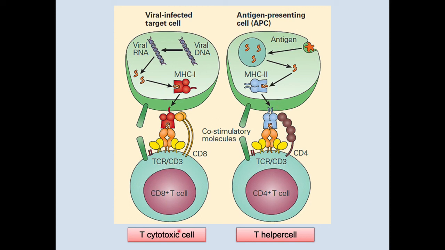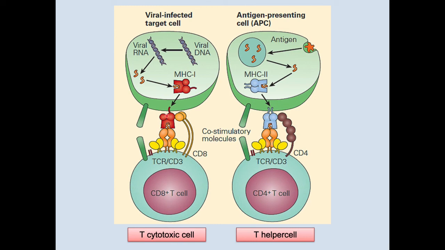Okay, remember class, the cytotoxic T cell is also known as CD8. The T helper cell is also known as CD4. What are CD8 and CD4? They are co-receptors. Okay, it's very specific.